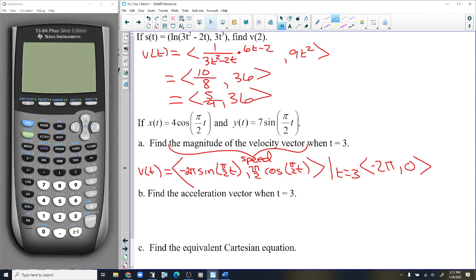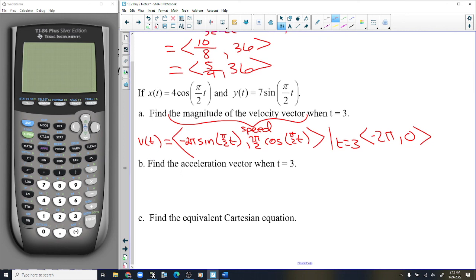The acceleration vector. We've got time to get this done. Derivative of sine is cosine, but multiply times the derivative of the inside. Multiply pi over 2 times pi. What, negative pi squared? Negative pi squared. Derivative of cosine is negative sine.